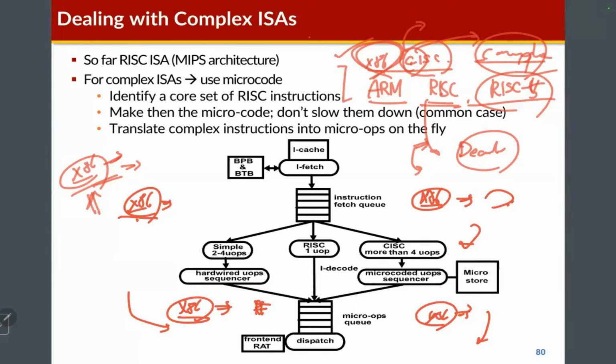x86 supports microcode, and with this microcode, some complex instructions are decoded into simple instructions. By doing this, the x86 processor also exhibits high performance and a power-efficient architecture.